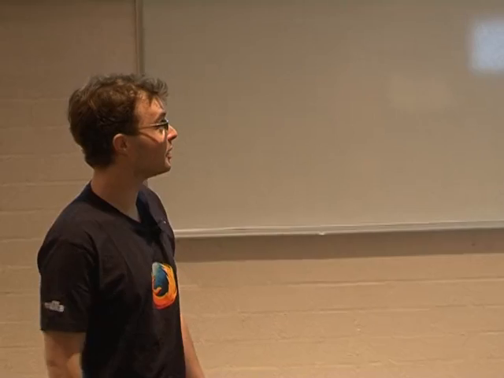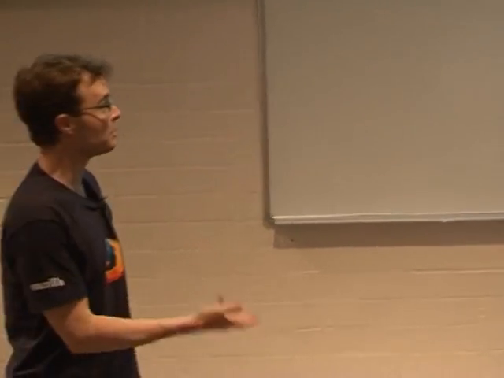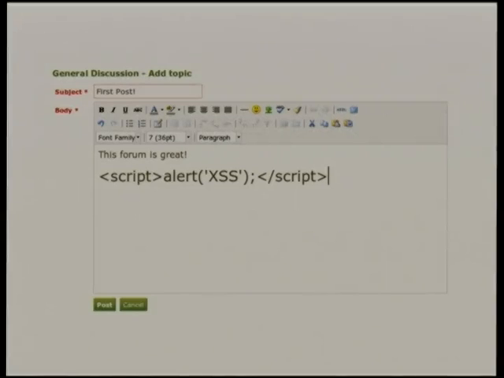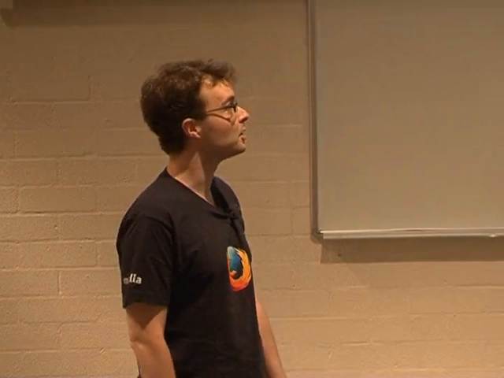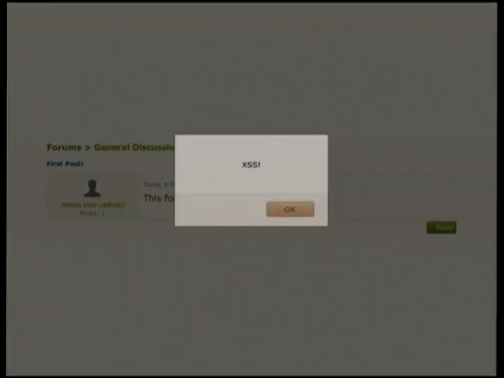The canonical example of it is some kind of web form like this that accepts user input and doesn't quite do the proper filtering. So the user puts in something like this, and then it ends up on the final page, and then it does something like this to all of the users that come into that website.